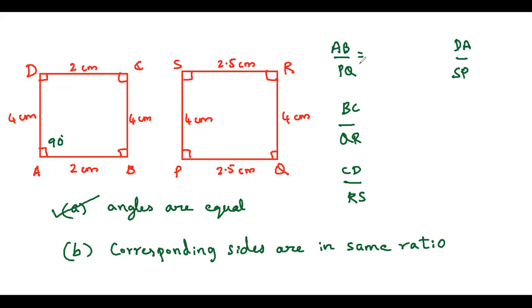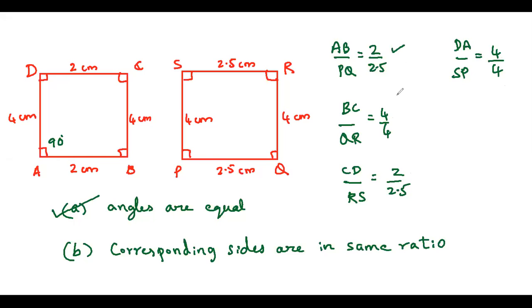AB divided by PQ is 2 divided by 2.5. BC divided by QR is 4 divided by 4. CD divided by RS is 2 divided by 2.5, and DA divided by SP is 4 by 4.